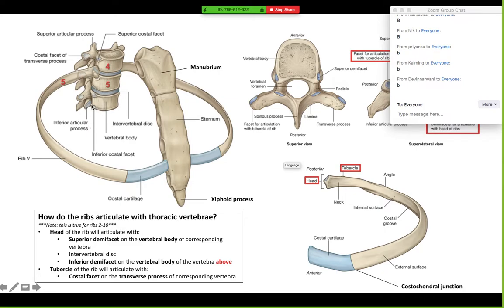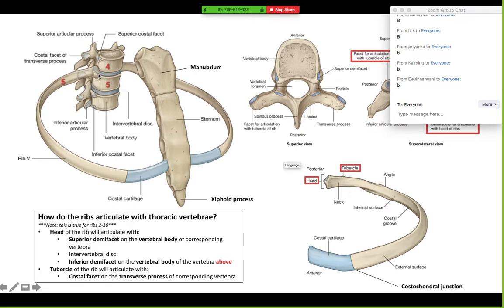So rib 5 is going to articulate with the vertebral body above and the vertebral body at the same level. And then also you want to know that the tubercle of the rib is going to articulate with the costal facet on the transverse process of the corresponding vertebra. So what that means is rib 5 is going to articulate with the costal facet on the transverse process of T5.